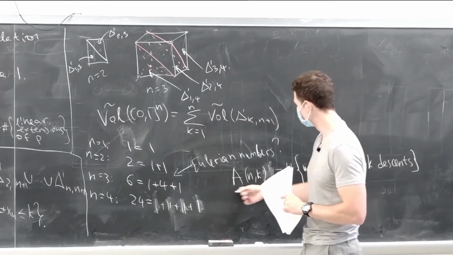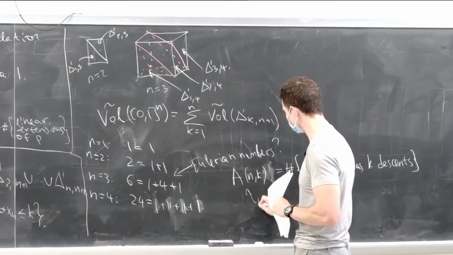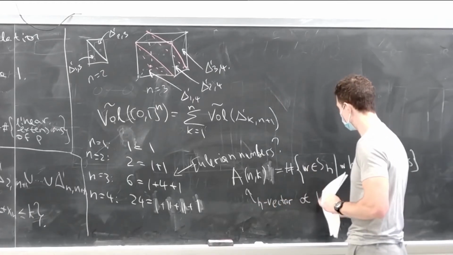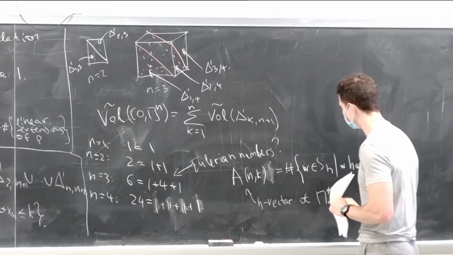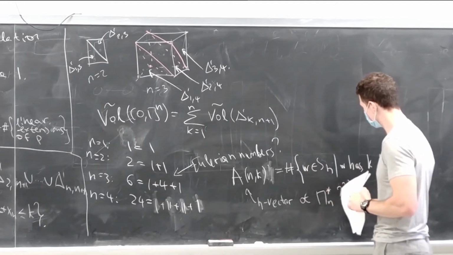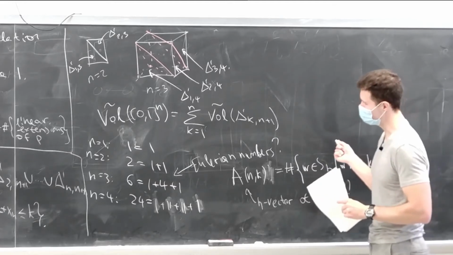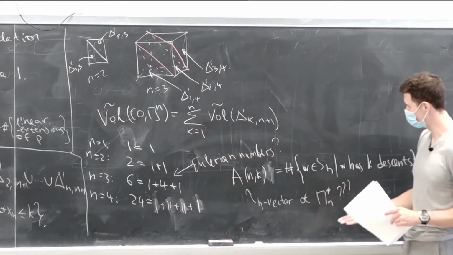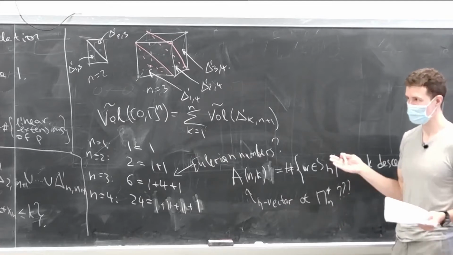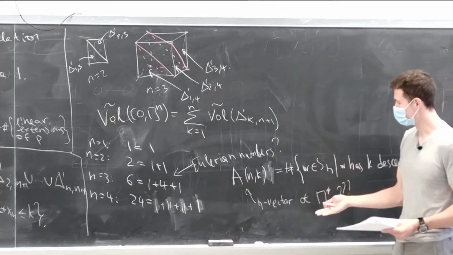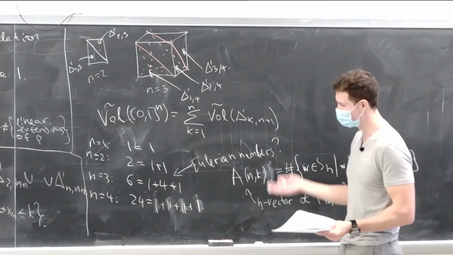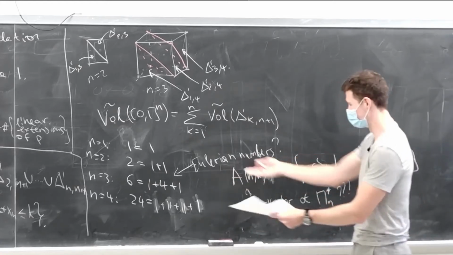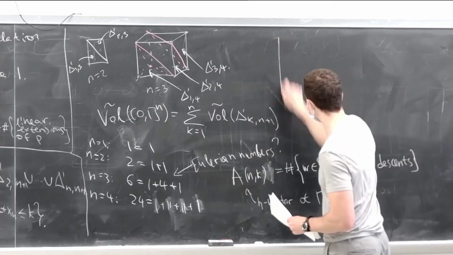Right, okay, these numbers give you the h vector of the dual of the permutohedron. It's going to turn out that the volumes are given by the same numbers as the h vectors of the permutohedron, and I have no idea why this should be true. To me that's a complete coincidence. If anybody has a deep explanation, please let me know, because I looked it up and found nothing.